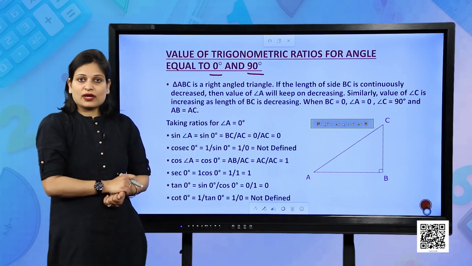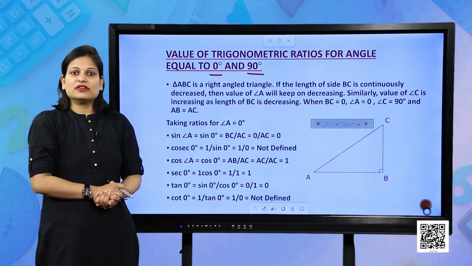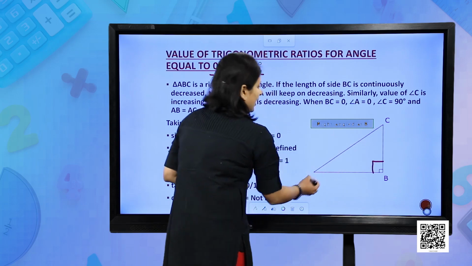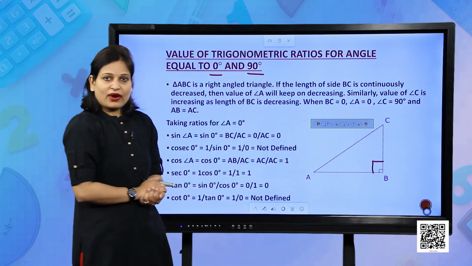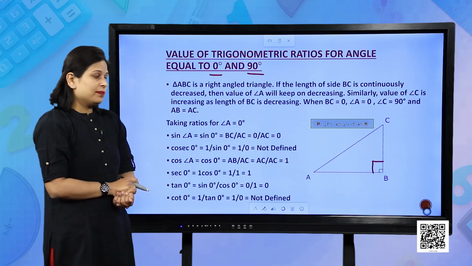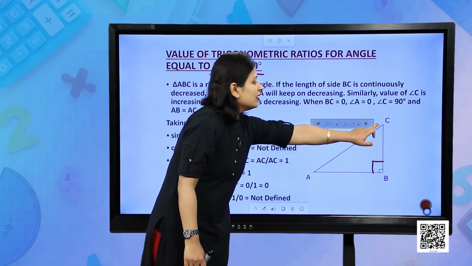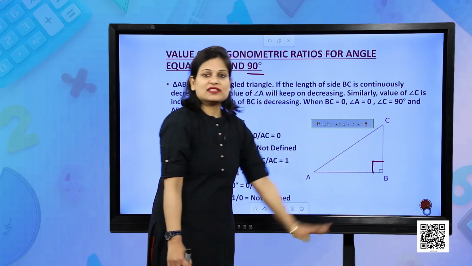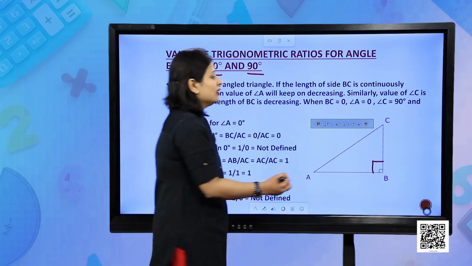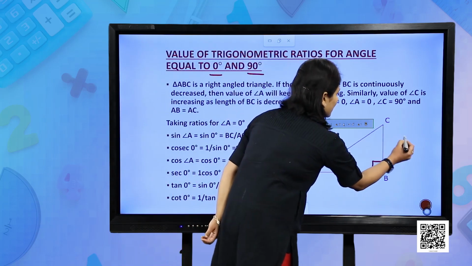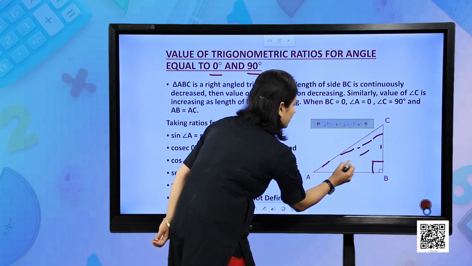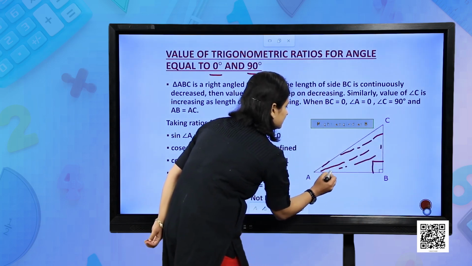For this, we need to construct a right angle triangle which is right angled at B. As you can see, ABC is a right angle triangle right angled at B. Now, tell me, if I decrease the length of side BC, suppose I keep on decreasing it, what will happen?